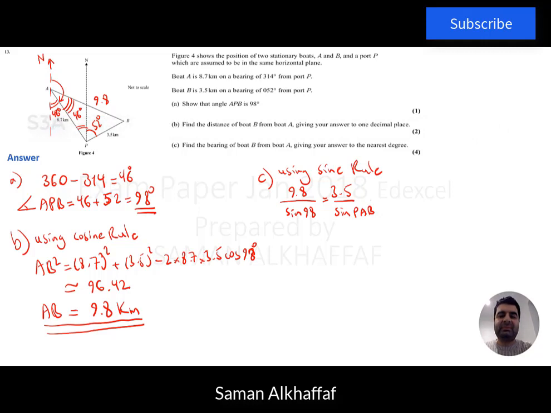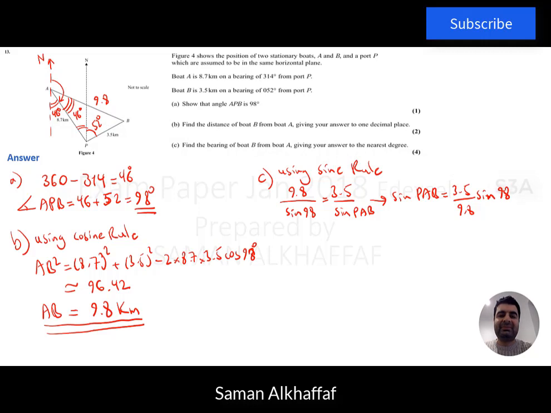Now the next step in this scenario, we'll rearrange in the form of sine of PAB. That will give us 3.5 over 9.8 times sine of 98.